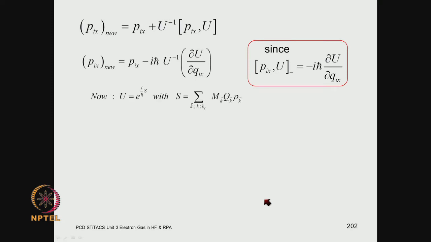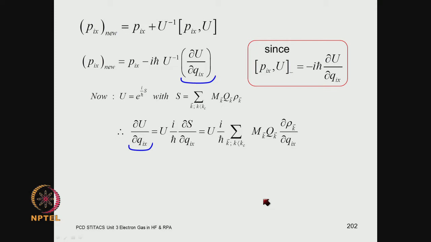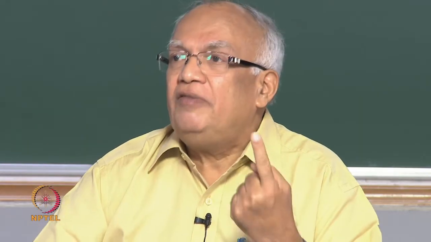All right. Now, these are the transformations we have made use of. ∂U/∂q, again we can determine explicitly, because now you are taking the partial derivative this time not with respect to the uppercase Q, but with respect to the lowercase q. And where is the lowercase q sitting in the operator S? It is sitting here, because ρ_k is a function of the position vector R_i, which is actually x_i, y_i, z_i.